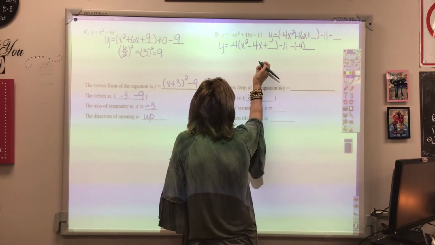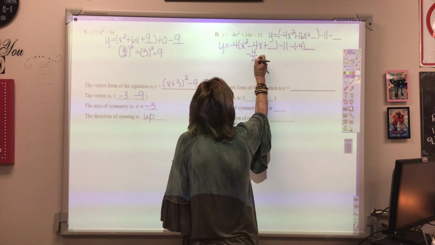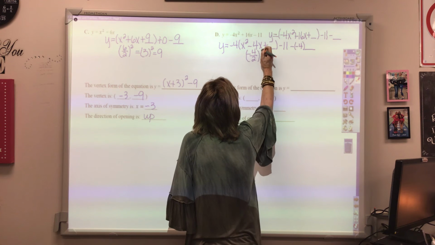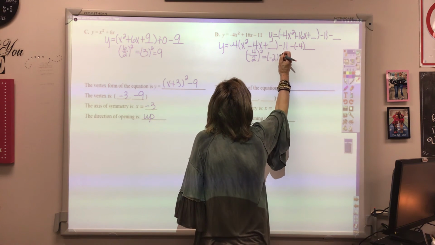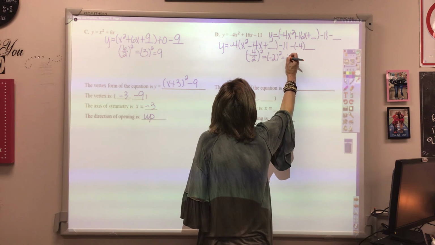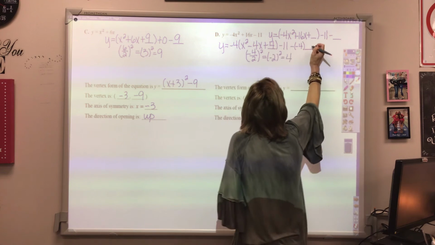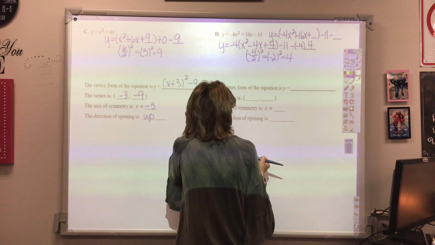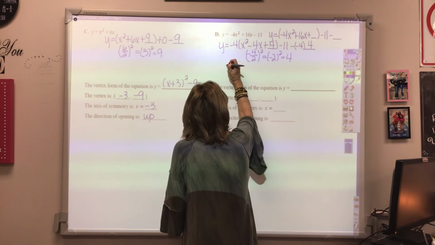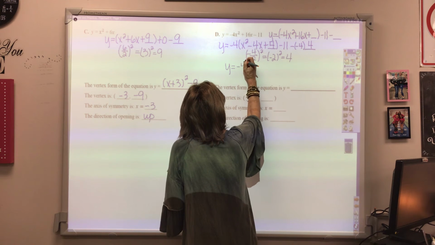So we're going to have half of -4 squared would be -2 squared, which equals 4. So we're going to put a 4 here and a 4 here. Now we can go ahead and write the first part in factored form.